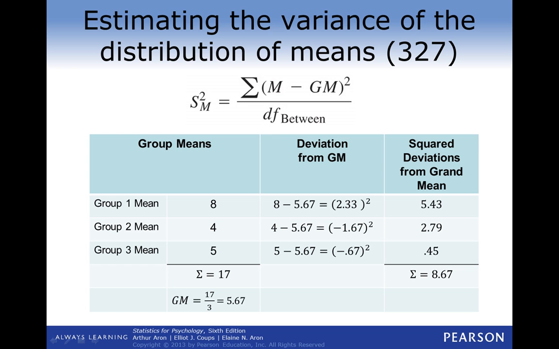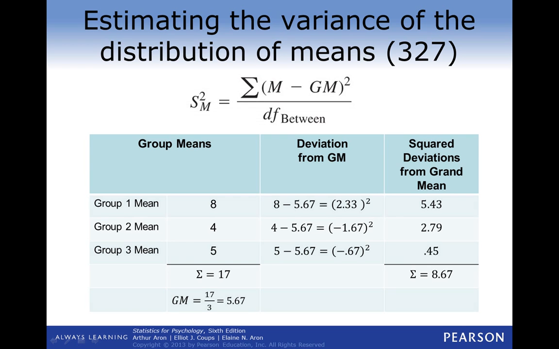So, our first group mean was 8. We subtract 5.67, the grand mean, which gives us 2.33. We subtract 5.67 from 4, which gives us negative 1.67. And we subtract 5.67 from 5, which gives us negative 0.67.